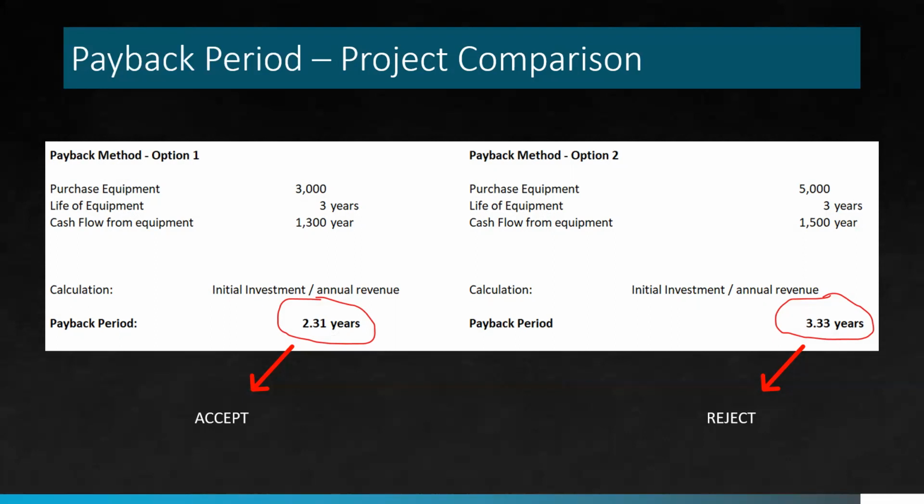So even though that machine will bring in more cash flows to the company, it will take me longer than 3 years to get back my money. And by the end of that third year, that machine is probably going to die. So I'm not going to get anything back. So I would reject that project.